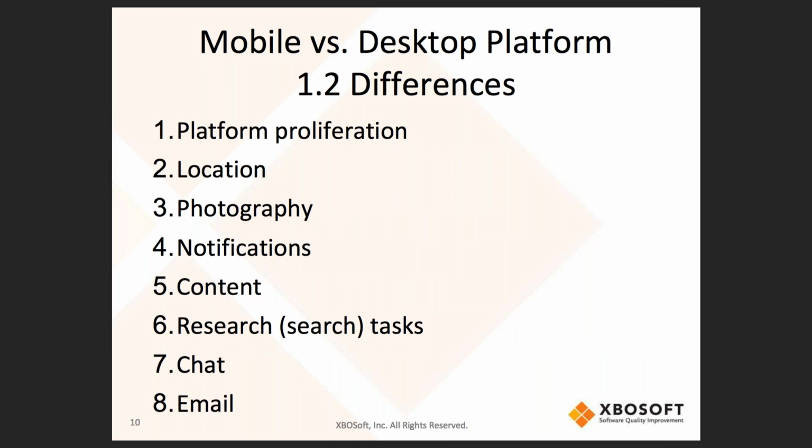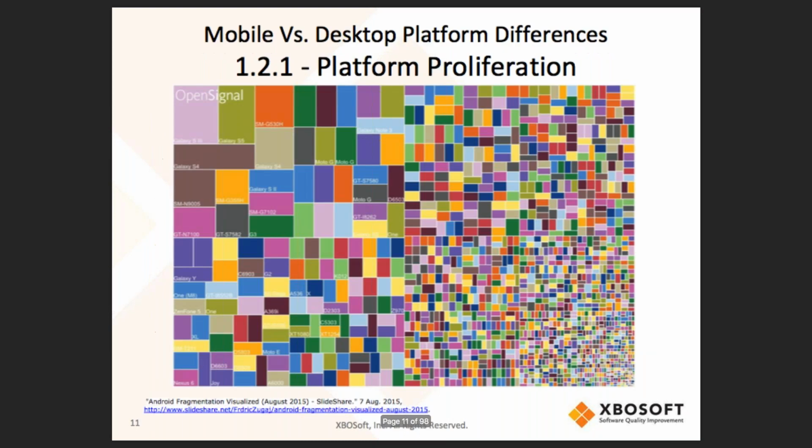The first one is platform proliferation. And what that is, in the case of iOS, there's a fairly limited amount of devices that determine how a particular application is going to be rendered on a screen. In the case of Android, however, this diagram shows that there are many different types of Android devices, shapes and sizes, that potentially would need to be accommodated if you're writing an Android application.